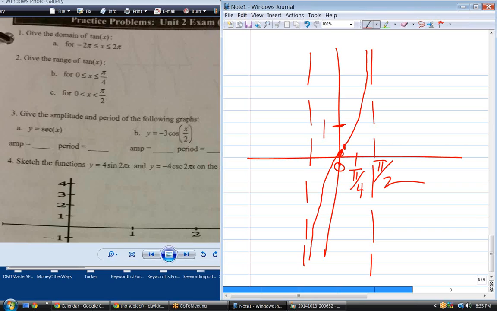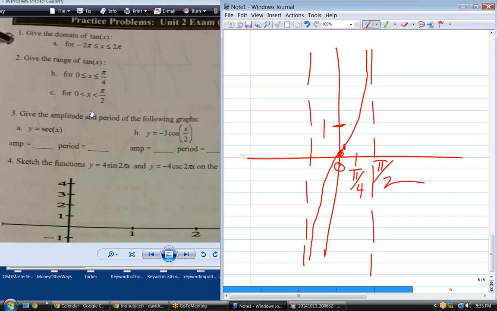That's true. I didn't even notice that, but that's a good point. They really get tricky and make that less than pi over 2 instead of less than or equal. That's interesting, because I think that maybe changes the answer.